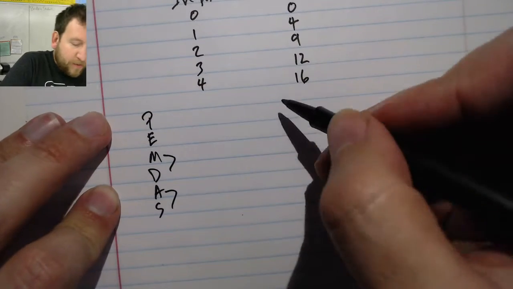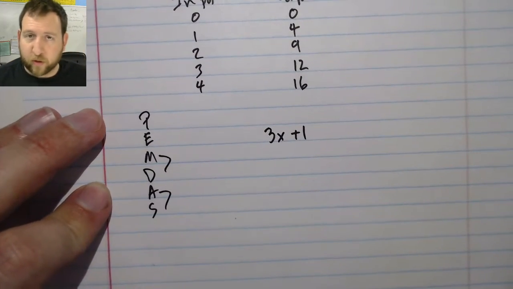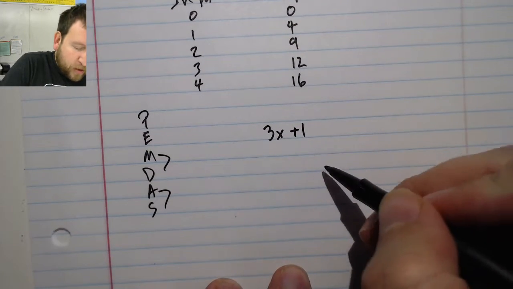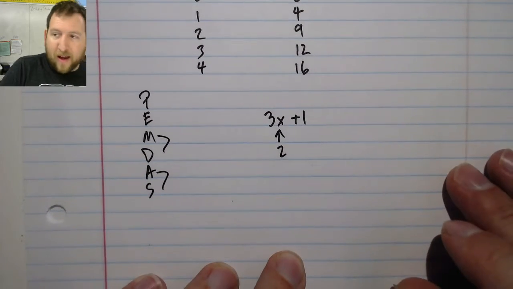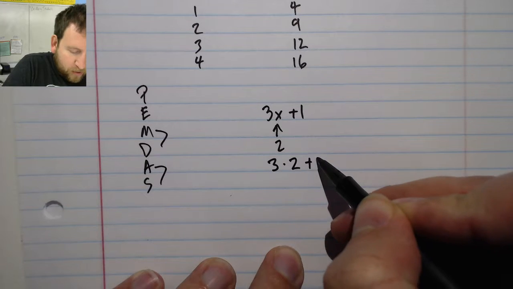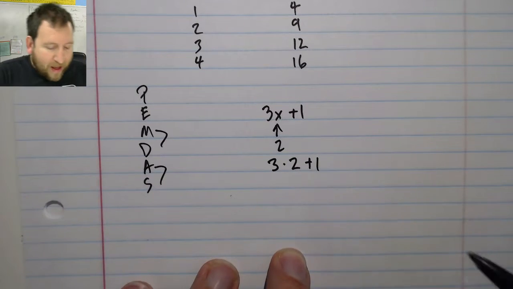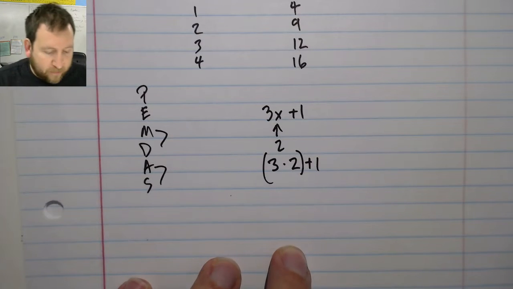For example, if our rule is 3x plus 1, and I have to put in 2, I could rewrite that as 3 times 2 plus 1. Remember that I have to multiply first.